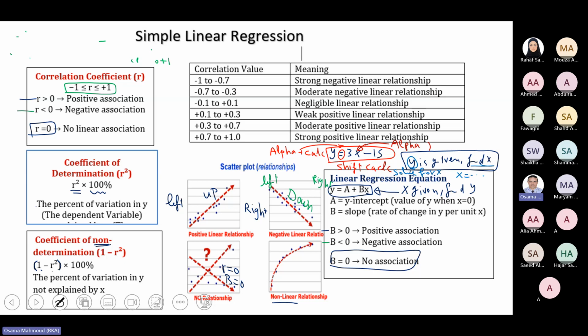Now we finish CLO2 completely. Do you have any question before we move to CLO3? Okay. For sure, if I'm asking about this one, it can never be 1. Why never be 1? Because if it is 1, it is perfect. Perfect means all your points lie on the line, right?